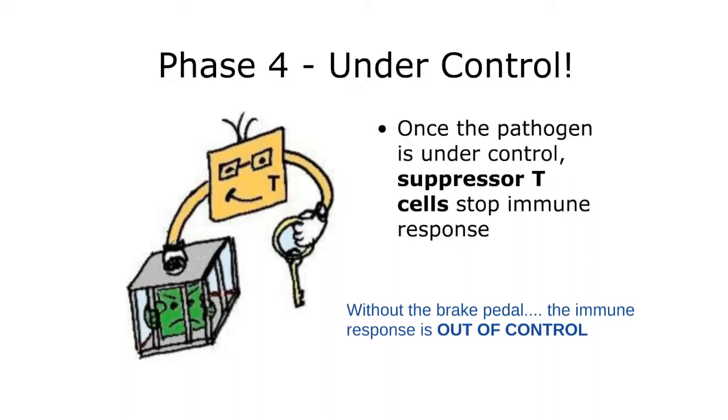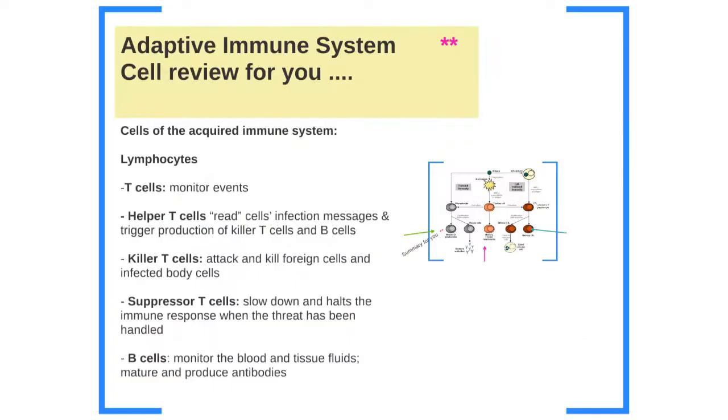And it's a brake pedal. And without that brake pedal, the immune response is out of control. And this is where you might have autoimmune type diseases, say, multiple sclerosis or some rheumatoid arthritis, for example.